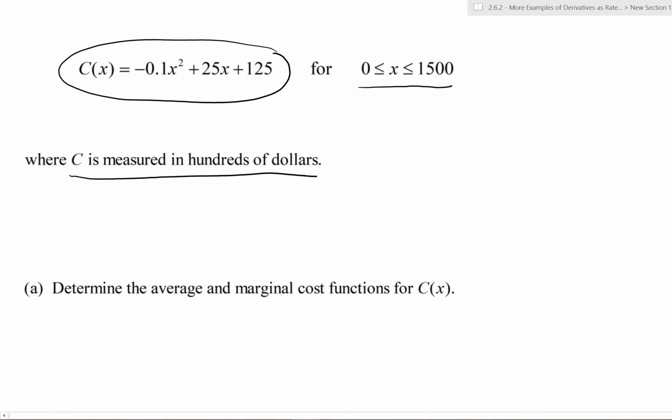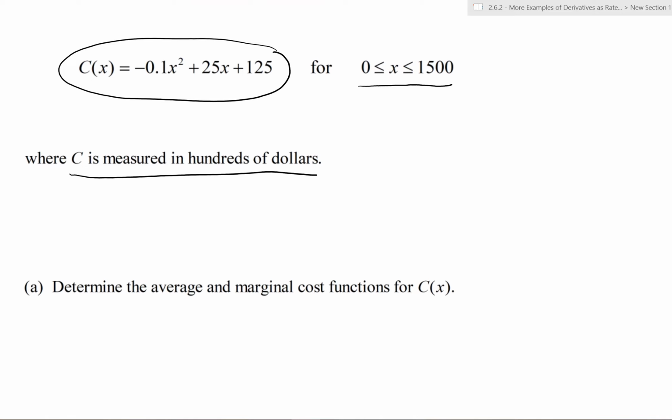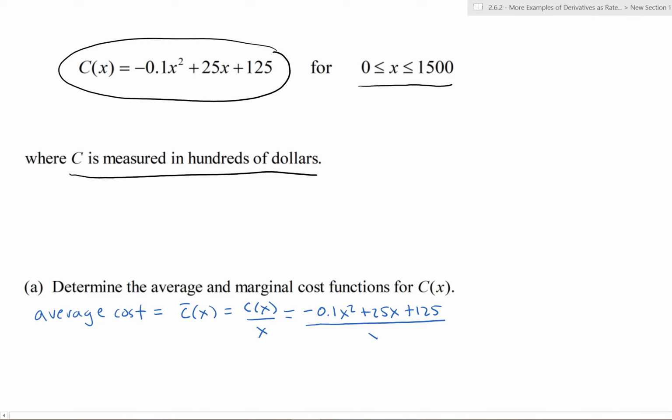First thing we want to do is just come up with the average and marginal cost functions for C of x. Well, of course, the average cost is going to be equal to C bar of x, as we saw above, which is just C of x divided by x, right? Take the cost of producing x items and divide it by the number of items. So what do we get? Negative 0.1x squared plus 25x plus 125, that's my numerator, all of that divided by x.